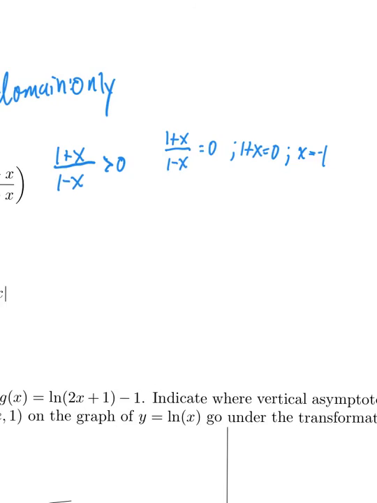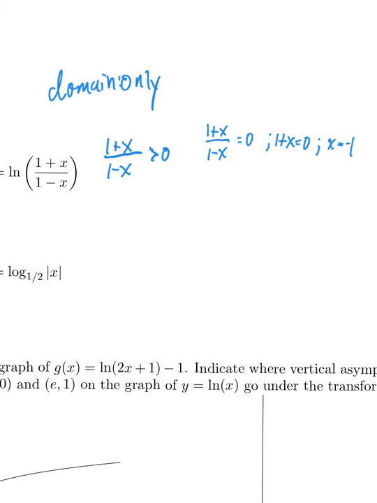There's one of the important points that we need to care about. The next is the vertical asymptotes. And you remember how to find vertical asymptotes of rational functions. You just set the denominator equal to 0. 1 minus x equals 0. x equals 1. So those are the critical values that we need to check. And now we need to decide where this thing is positive and where it's negative.